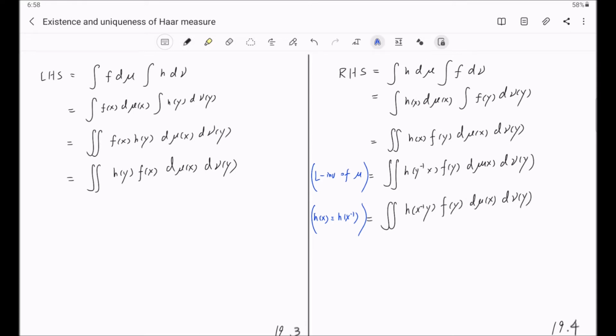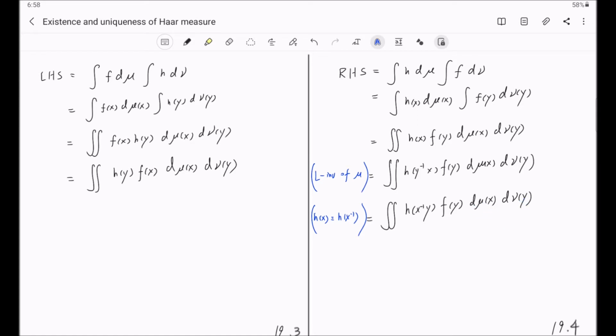And now, next, we're going to use Fubini's theorem. The motivation for us to use Fubini's theorem is that we can see that in the integrand, y appeared twice in two functions, but x only appeared once. So we want to integrate this guy by first integrating against nu y and then mu x.